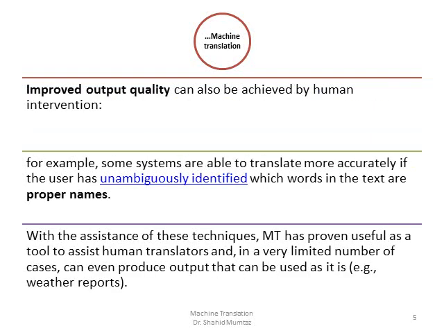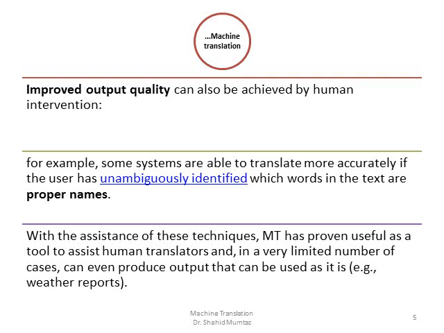Apart from the domain option of software, improved output quality of machine translation can also be achieved by human intervention. For example, some systems are able to translate more accurately if the user has unambiguously identified which words in the text are proper names.